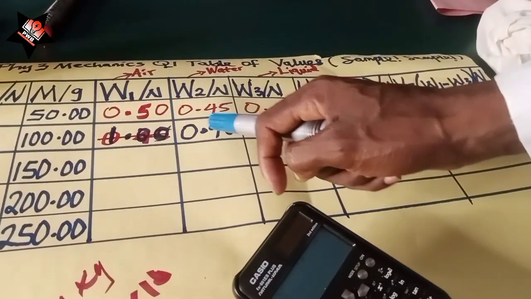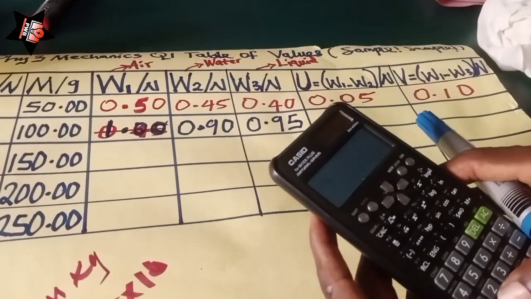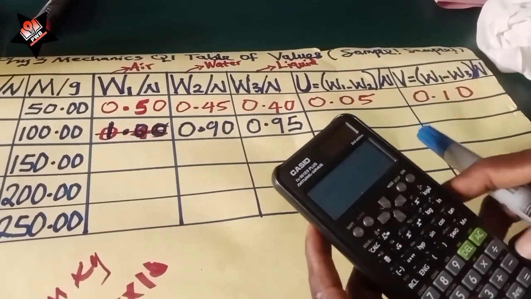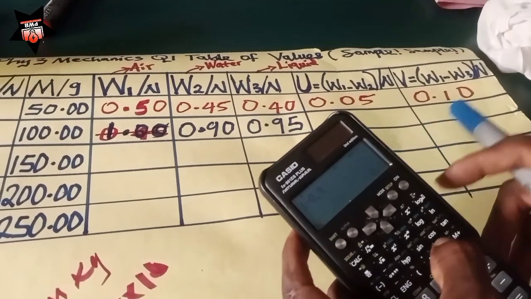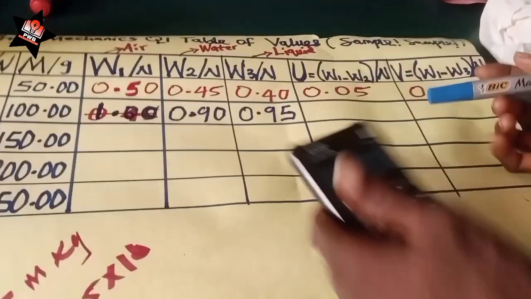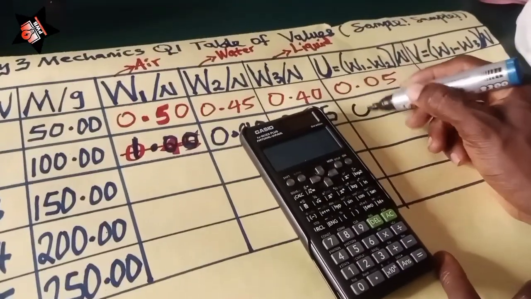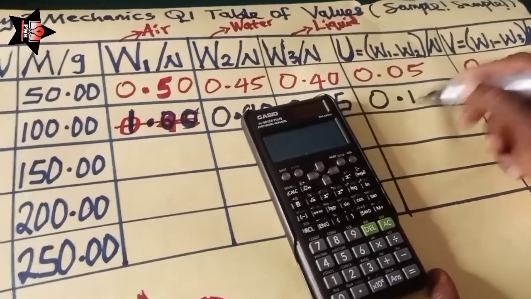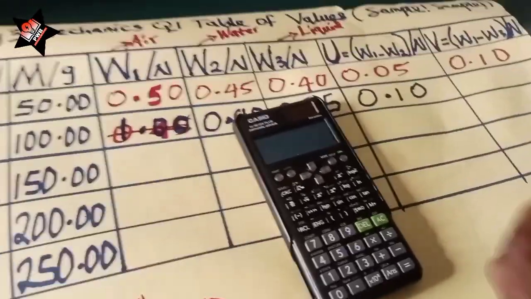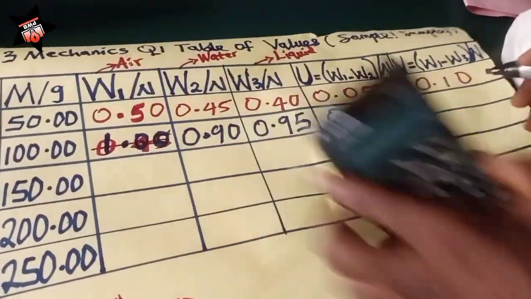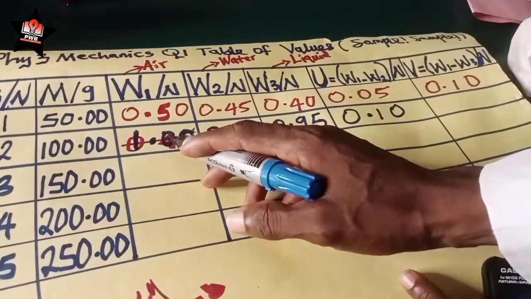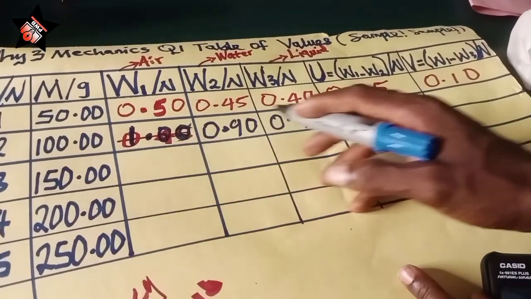So we say that we have 1 minus W2, that is 0.9. 1 minus 0.9, we have 0.1. So we record 0.10. And so the next one is we have W1 minus W3.